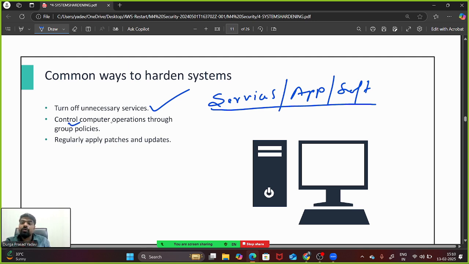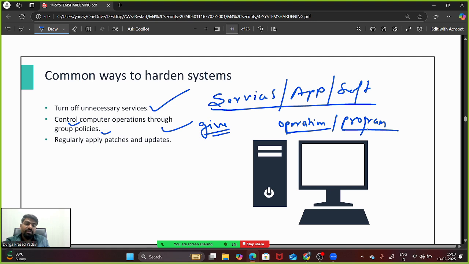It is about controlling computer operations through group policy. We should not give permission unwantedly to any operation or program we are performing in the system. We should not give access directly to the operation or program; we should give access with respect to group policy.